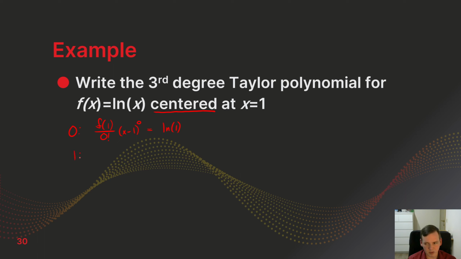And our first term will be the first derivative of the function at 1 divided by 1 factorial times x minus 1 to the first power.